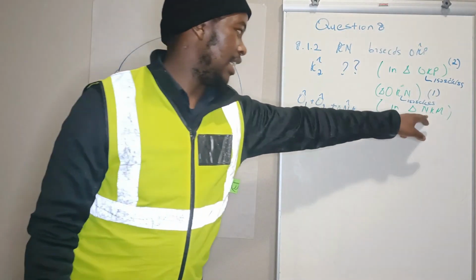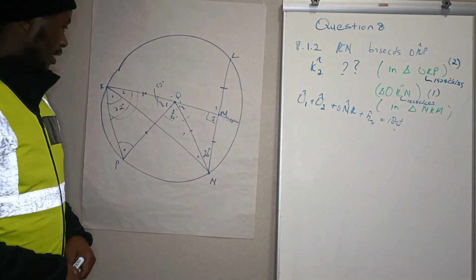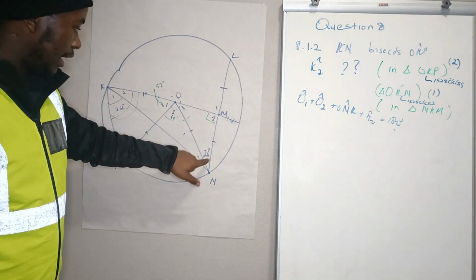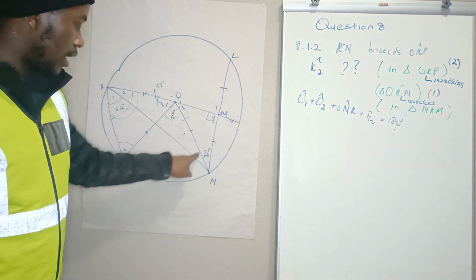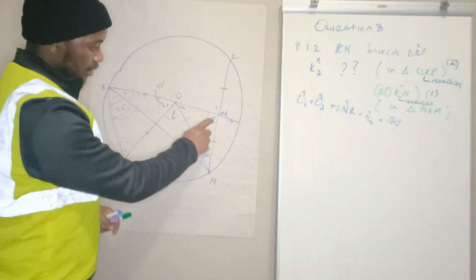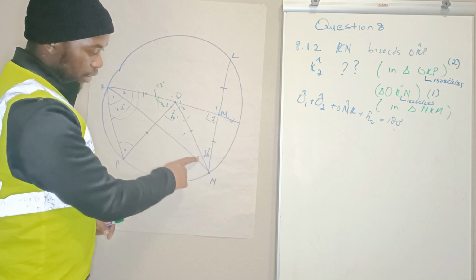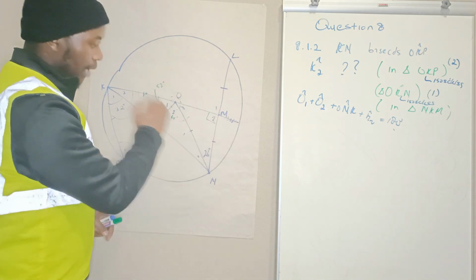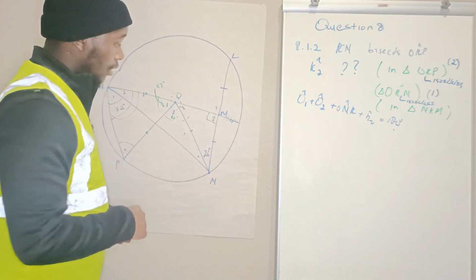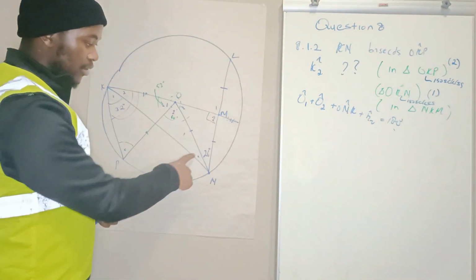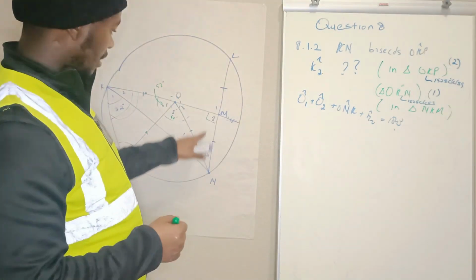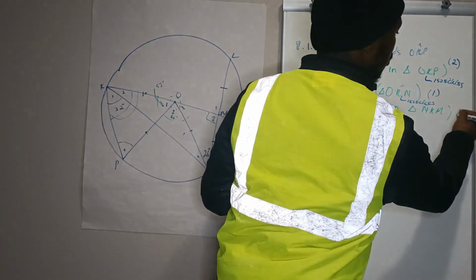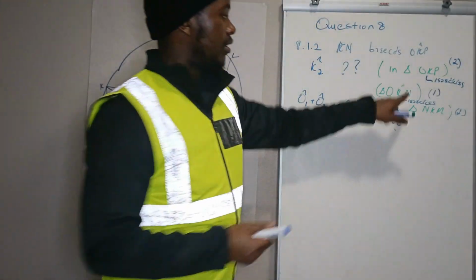That's NKM. Because that triangle involves M2, involves these two angles. So we already have M2, we need to find the value of N. And then from there we sum them up to find the value of K2. But you see that there's an additional step. We need at least 2 steps minimum. So this guy wins.